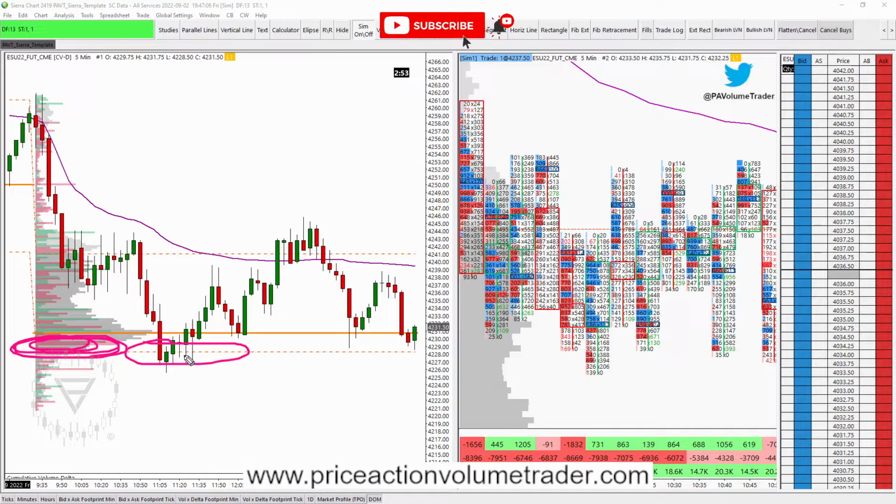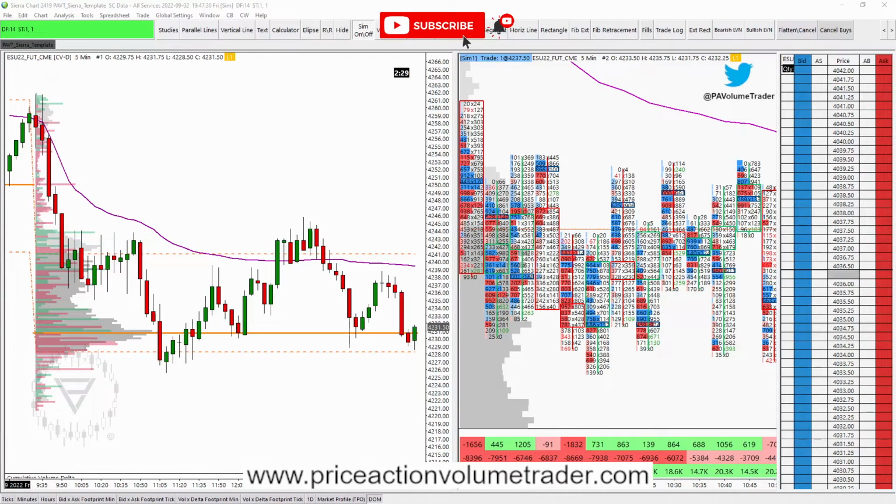That means a lot of people got trapped here. They got absorbed because there were a lot of big limit orders to buy here, and then we went up. Same scenario here. You can see this big delta to buy, meaning a lot of traders got trapped trying to buy the highs here.